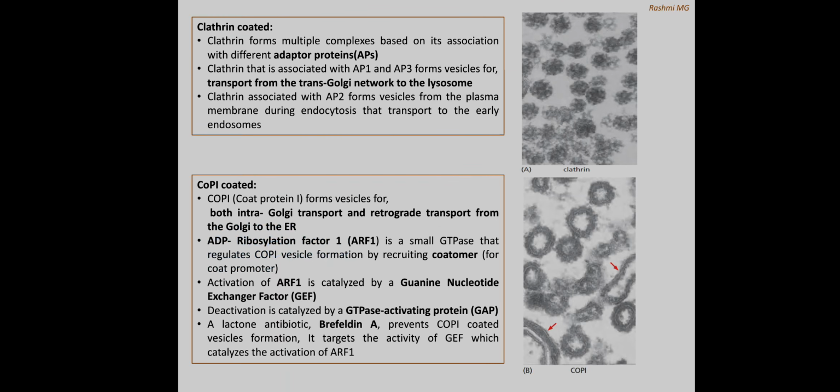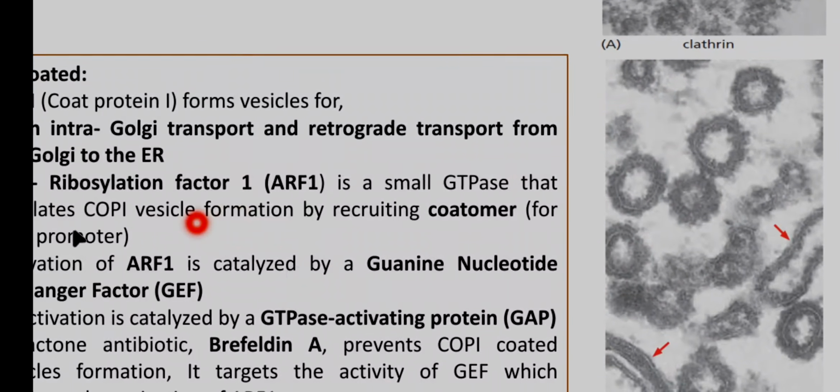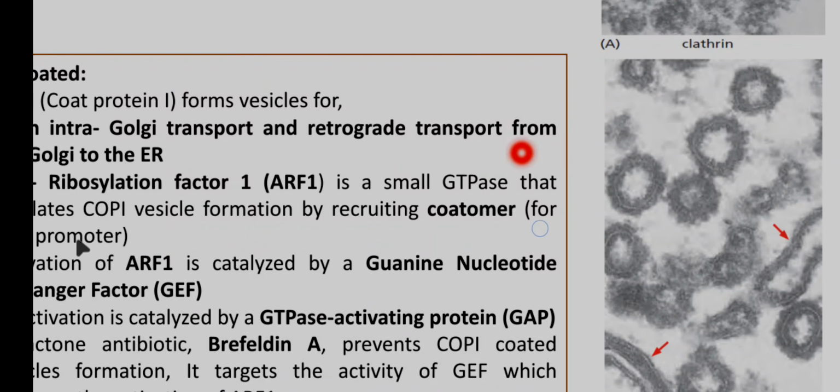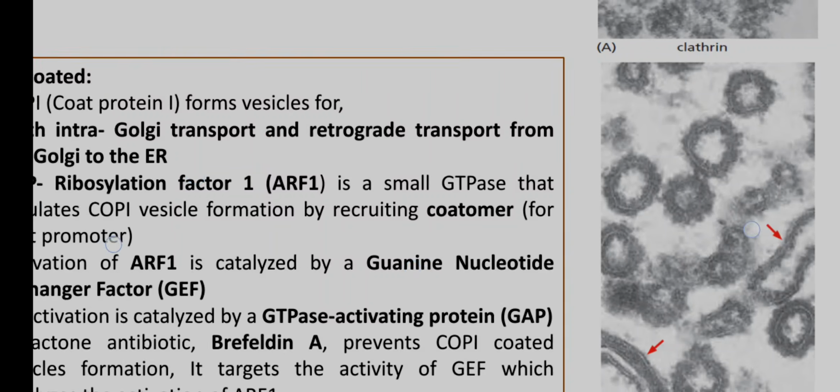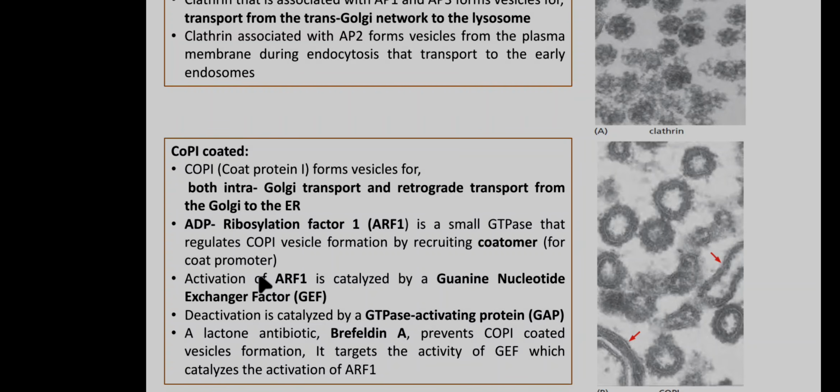ADP ribosylation factor 1 is a small GTPase that regulates COP1 vesicle formation by recruiting coatomer, that is a coat promoter. Activation of ARF1 is catalyzed by guanine nucleotide exchange factor. Deactivation is catalyzed by a GTPase activating protein, GAP.